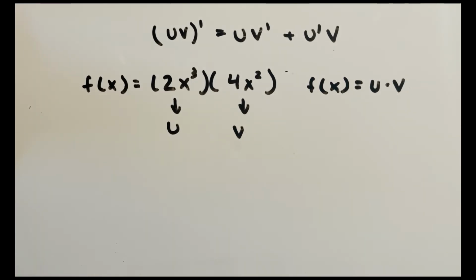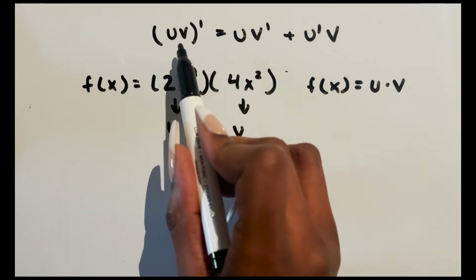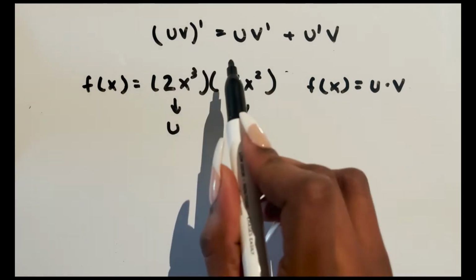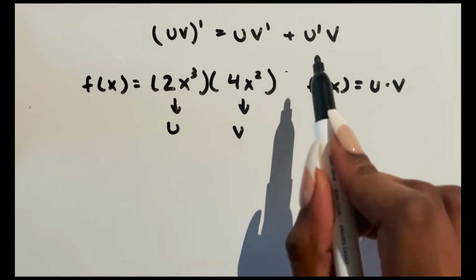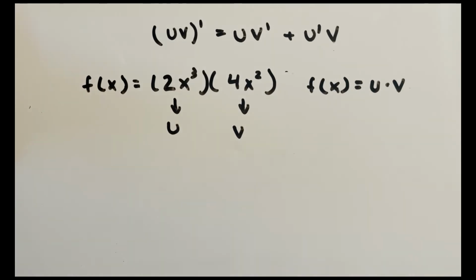So whenever we're given a math problem that requires us to find the derivative of a function that can be rewritten as u times v, we know that in this case, we must use the product rule to solve for the derivative. Now, the product rule formula is as follows. The derivative of u times v equals u times the derivative of v plus the derivative of u times v.